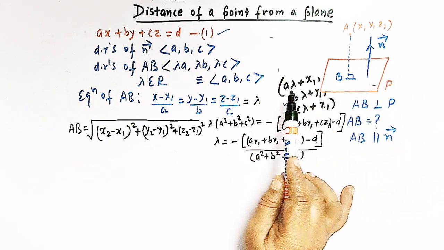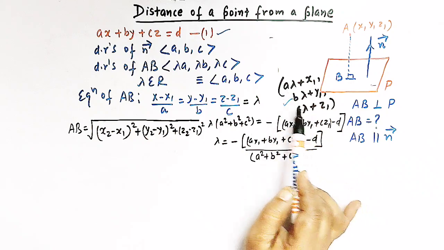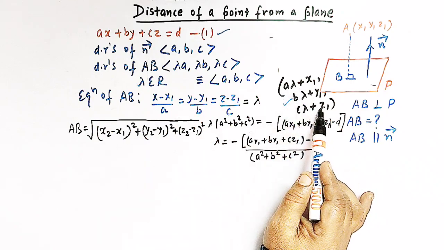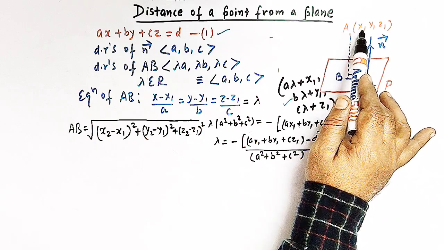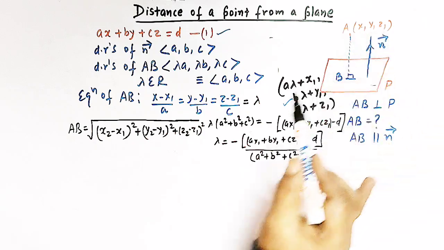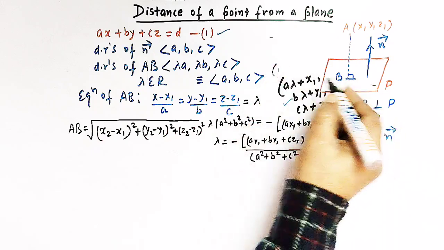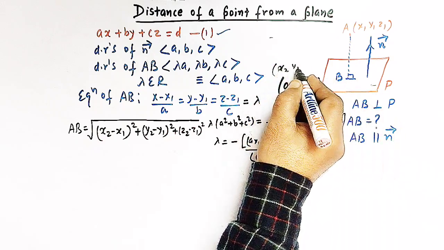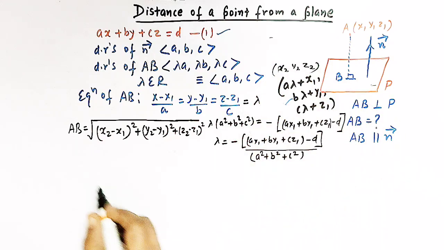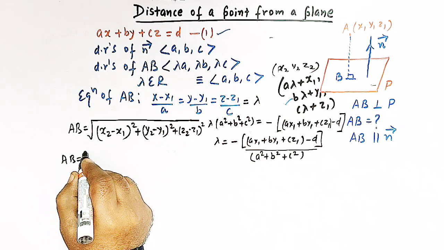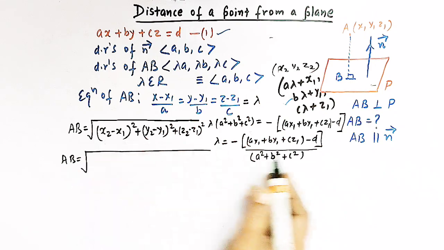So let us take this coordinate as x2, y2 and z2, and this coordinate is x1, y1, z1. So we can take the coordinates of this point B as x2, y2, z2. So we can now write AB is equal to square root of x2 minus x1.